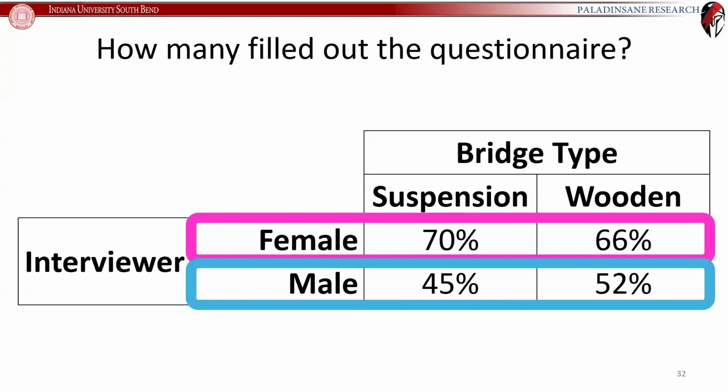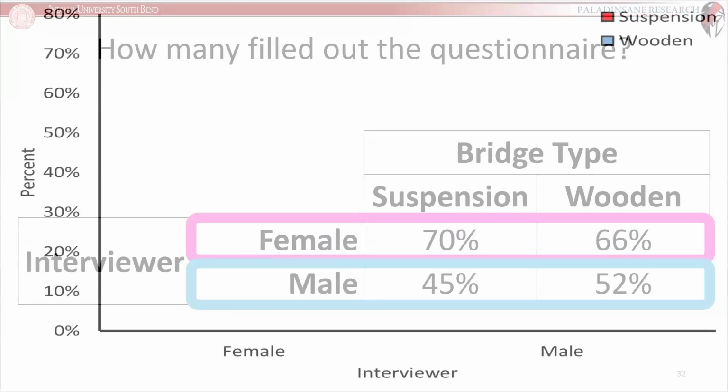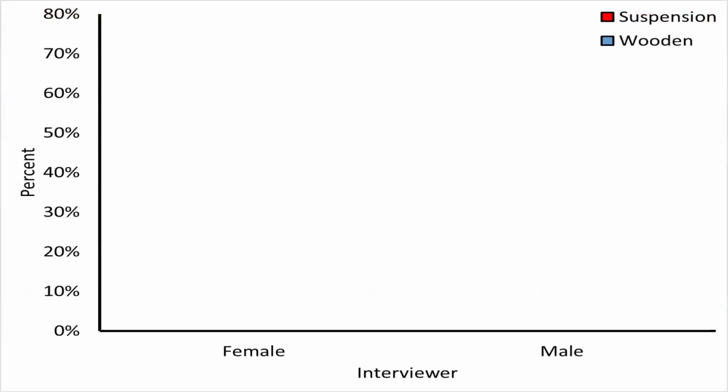And again, I'm not a fan of tables. They're great for exact numbers, but they're a little difficult to make sense of what might be going on here. However, what you can do is compare these groups using a side-by-side bar chart.